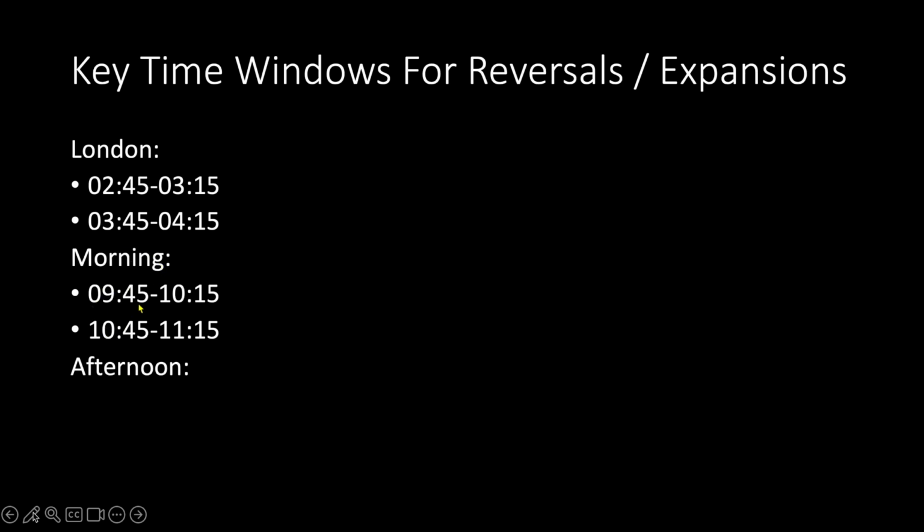So engineer liquidity on both sides of the marketplace for at least an hour, and then manipulate to one side of the marketplace, trap people into believing that's going to go one way, and then from 10:45 or around 10:45, a low or high will form, and the market will begin to expand outside of that range.